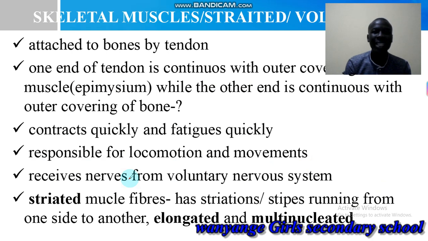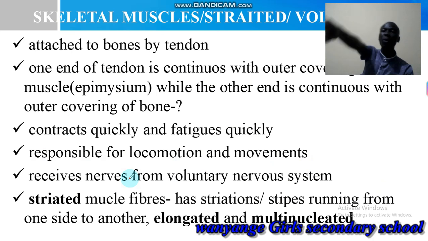Let's start with the skeletal muscle, what is also called striated or voluntary muscle. It is voluntary because it cannot contract without your intention. For example, my muscles of the hand cannot contract unless I decide.